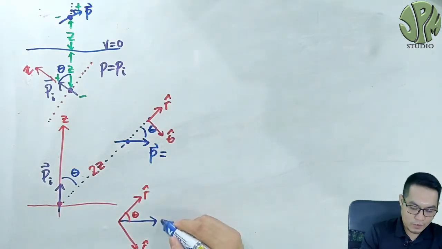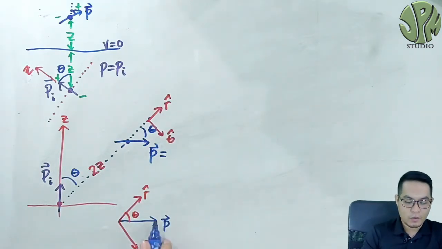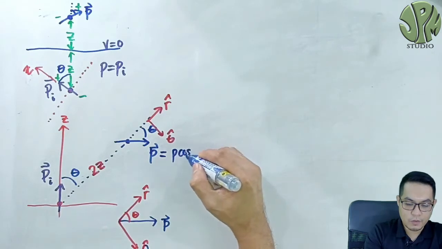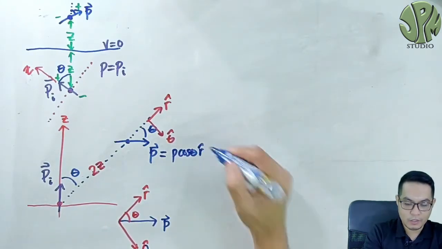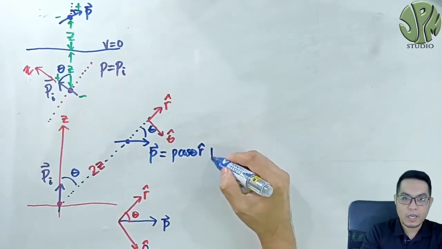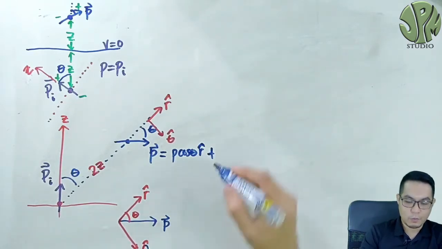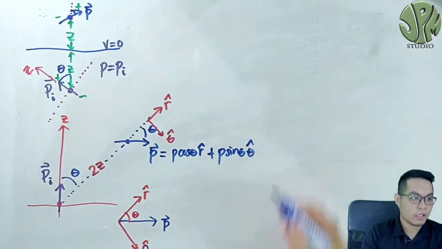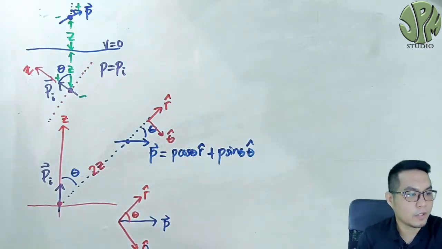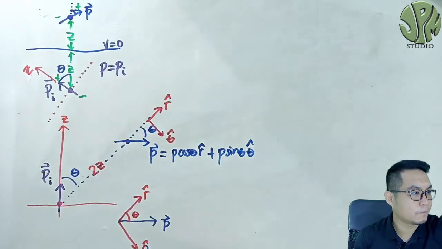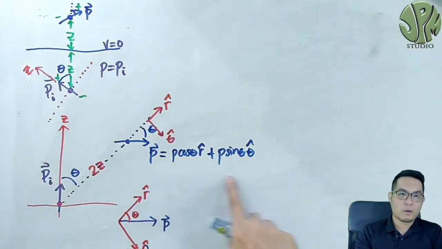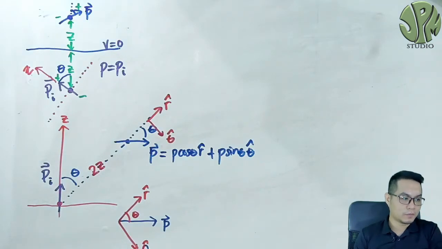So from this orientation, we see that the r component is P cosine theta r hat, and its theta component will be P sine theta theta hat. So this will be our dipole now.